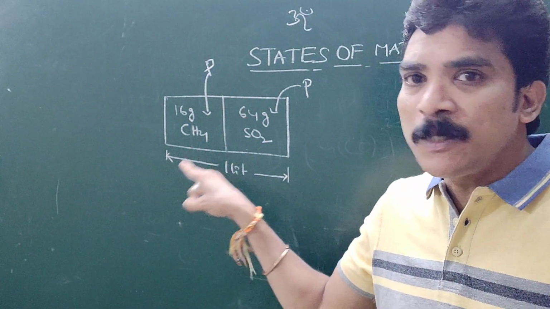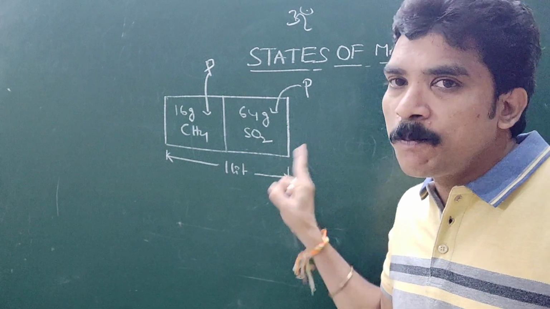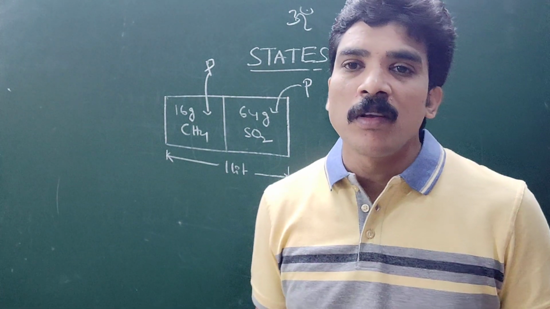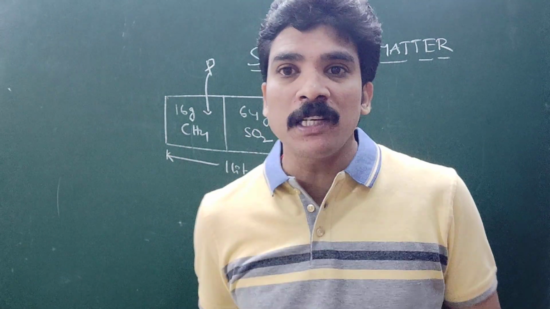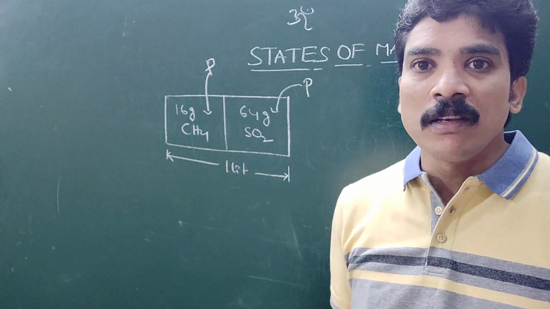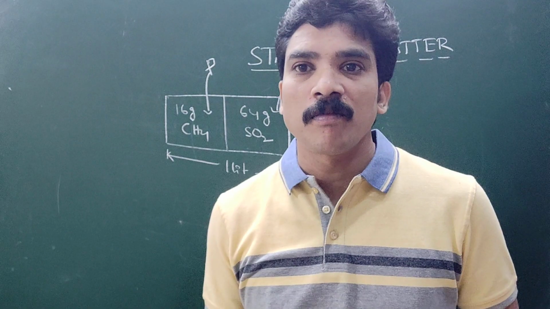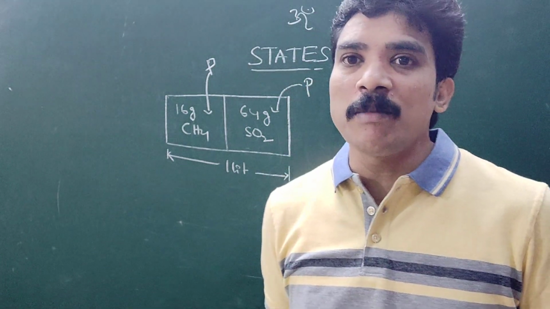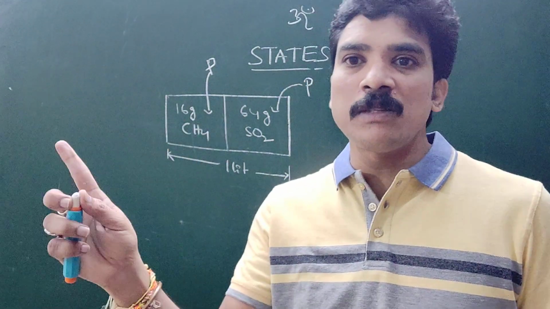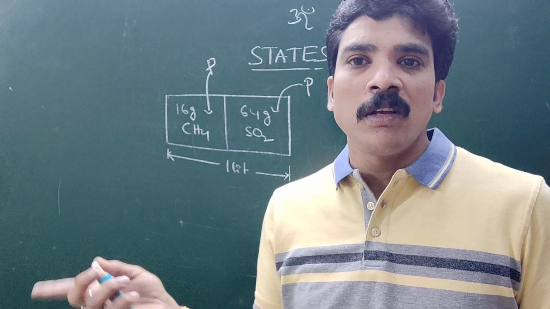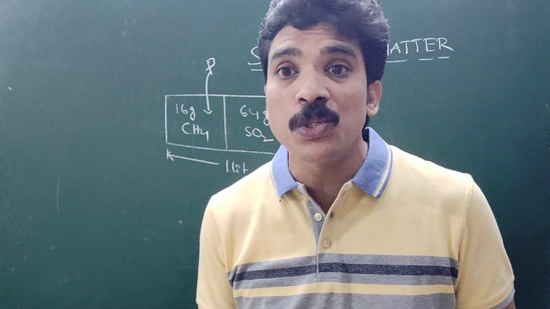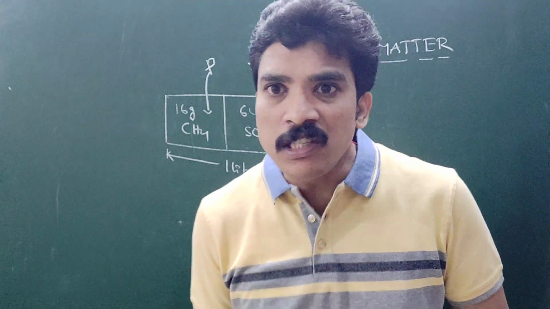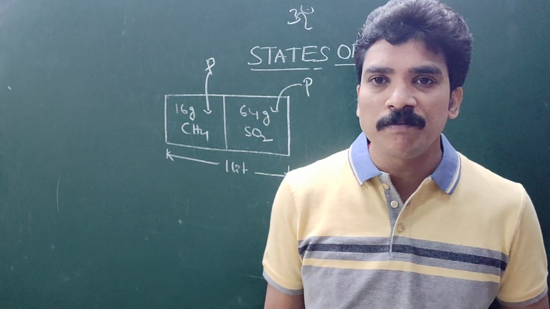Initially the left side pressure is P and the right side pressure is P. If the partition is removed, what is the total pressure exerted by the gas mixture? Yes, the majority think like this: this is P and this is P, so the total pressure after removing the partition is 2P.